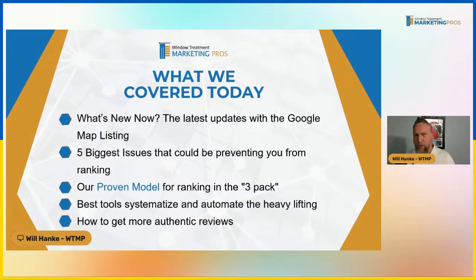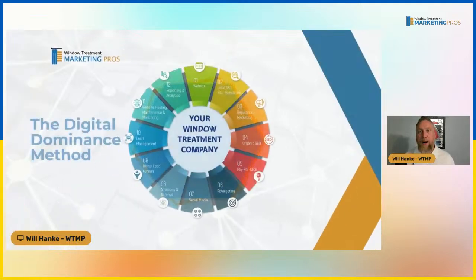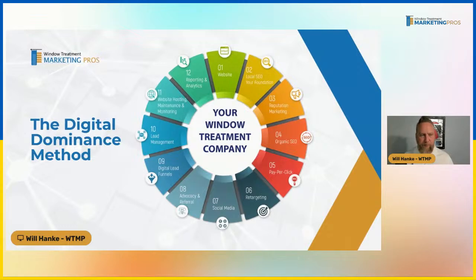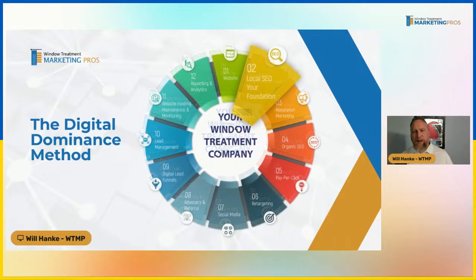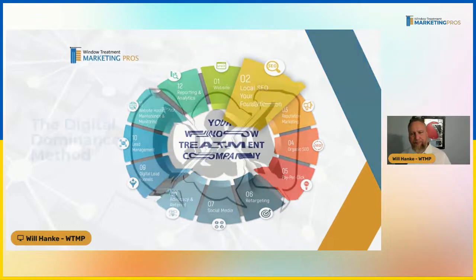We talked about some of the tools to help you along that process, and a little bit about reviews. The reviews are really going to help you get more eyeballs on your brand. Now, again, this is just one piece of the digital dominance method. Today, we kind of hung out in number 2, local SEO, which is the foundation of a lot of things that you do, having all those things set up so that all of the other things can start to be affected as well.